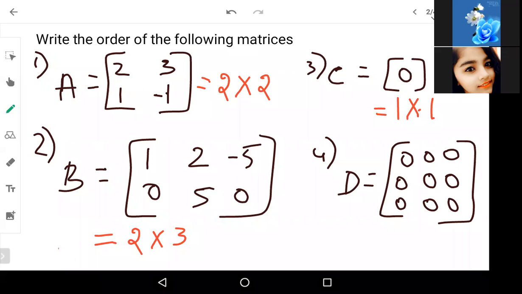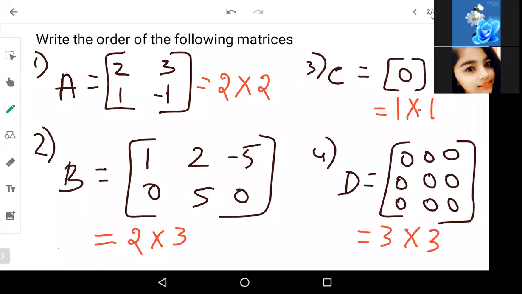Good. Now for D, first tell me how many rows? 3 rows. And the number of columns are also 3 only. So it's a 3 into 3 matrix.